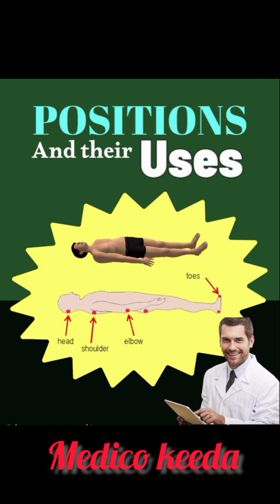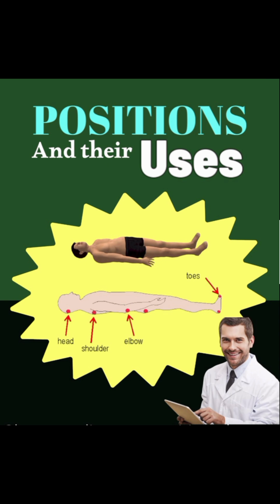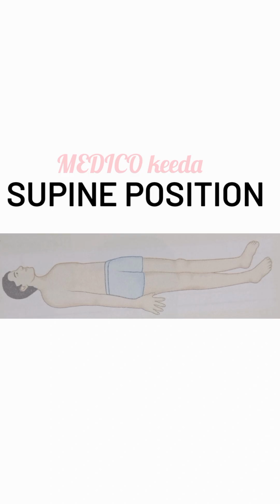So here the first position is the supine position. As you can see in the image of the supine position, the person is lying on the surface of the bed. It is a back lying position with arms on the side.